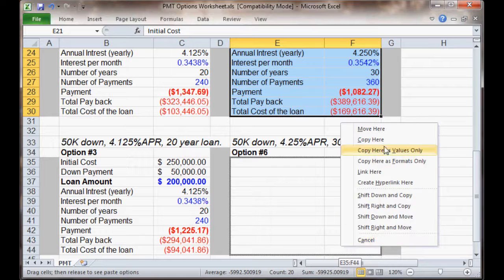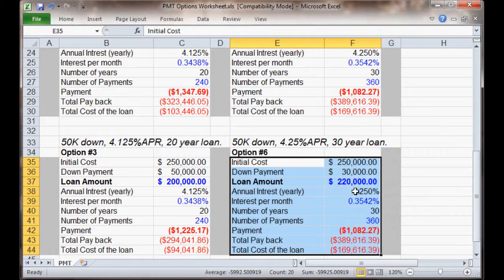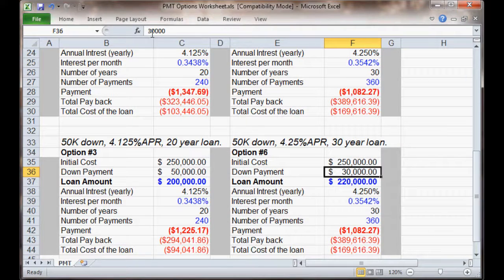And copy here. This one, 50. I see the pattern. These values are the same for each of the rows. Interest rate 1.25 and the year amount. Okay, I think we're done.